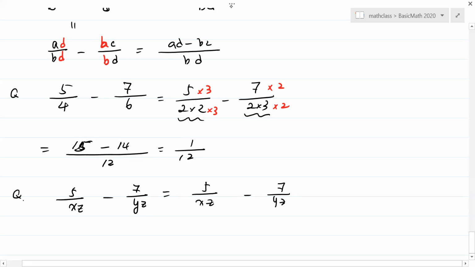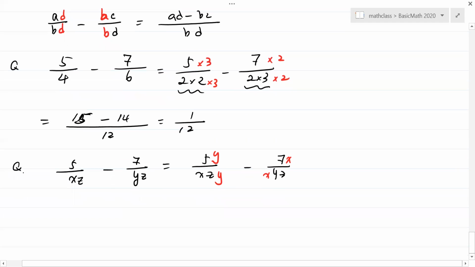Left-hand side xz, right-hand side yz. I have a y missing, so put the y here. On the other side, x is missing, so I put the x here. Now you have xyz, both have the common denominator. Then you can add them together: xyz in the denominator and 5y minus 7x in the numerator.